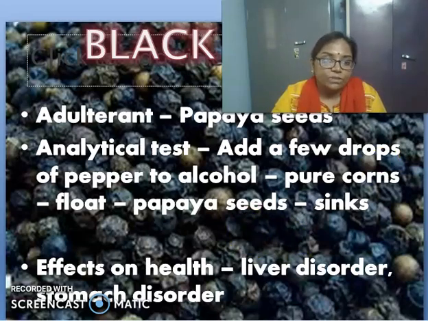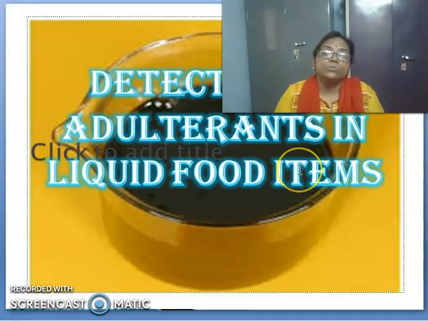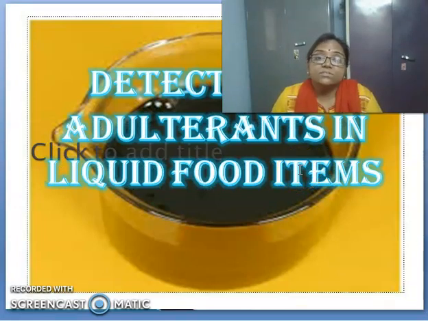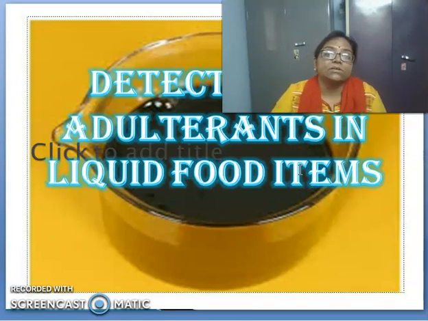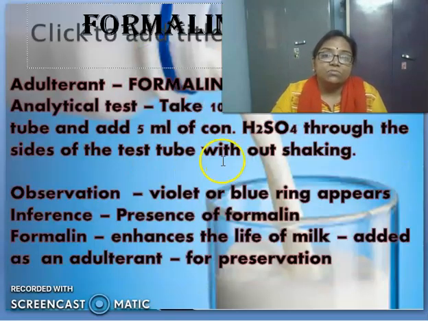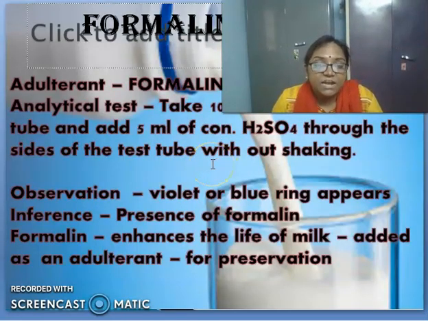Next, we are going to detect the presence of adulterants in liquid food items, for example, formalin. Formalin is added as an adulterant in milk. The analytical test we do here is, take 10 ml of milk in a test tube, and add 5 ml of concentrated sulfuric acid through the sides of the test tube without any shaking.